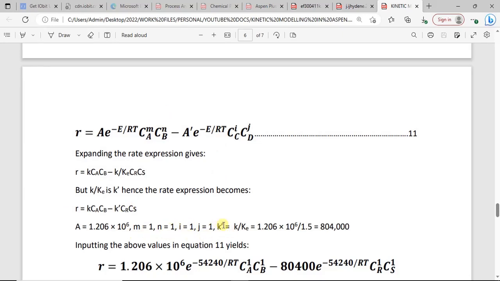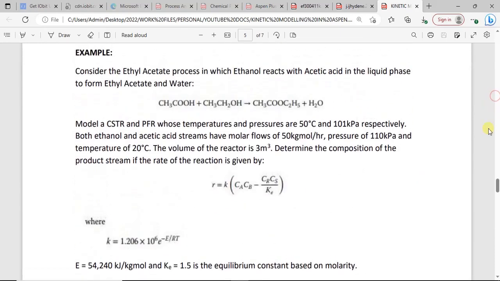Then K prime is K over KE. K over KE gives you 1.206 times 10 raised to power 6 divided by 1.5, and 1.5 is in the question.